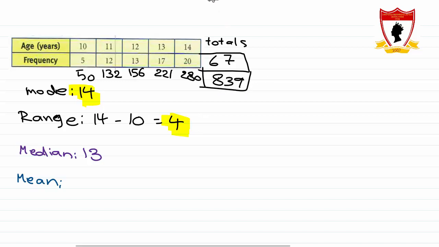These two cells are the most important ones because through these two cells you can find the mean. Now the mean is 839 divided by 67, that gives 12.5223, so 12.52 is enough. Mean is 12.52. Okay, let's continue.